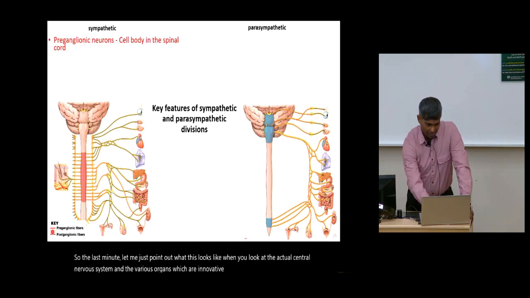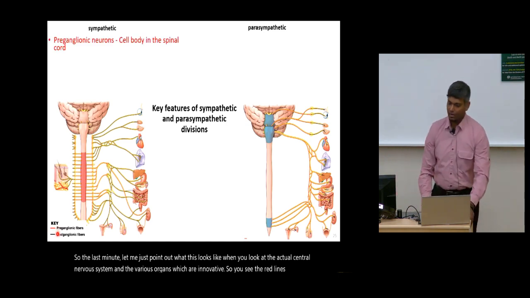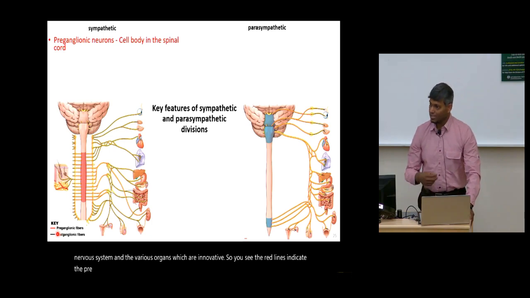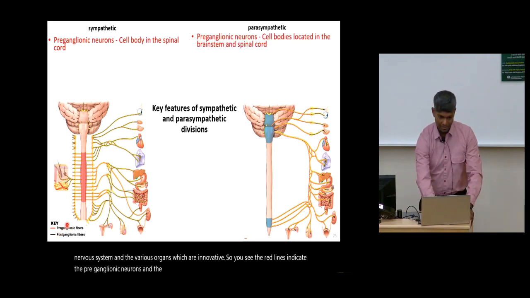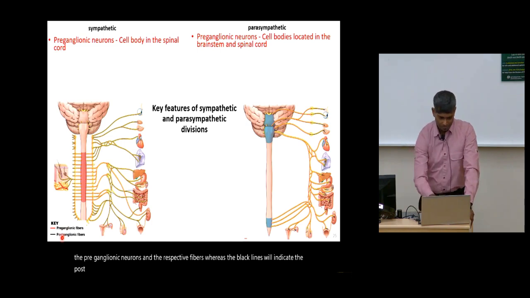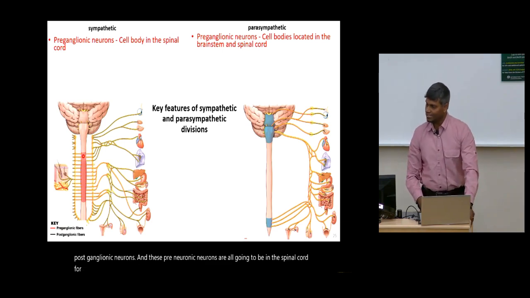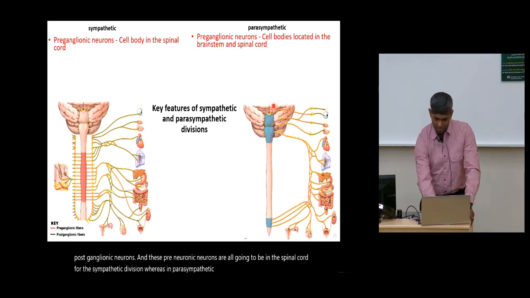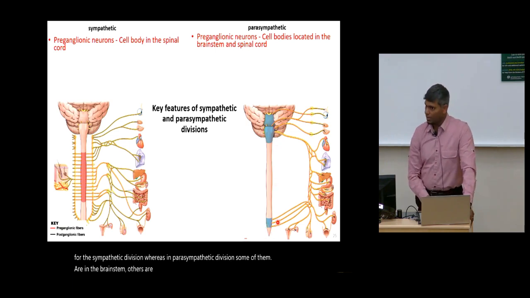So you see the red lines indicate the preganglionic neurons and the respective fibers, whereas the black lines indicate the postganglionic neurons. And these preganglionic neurons are all going to be in the spinal cord for the sympathetic division, whereas in the parasympathetic division, some of them are in the brainstem, others are in the spinal cord.